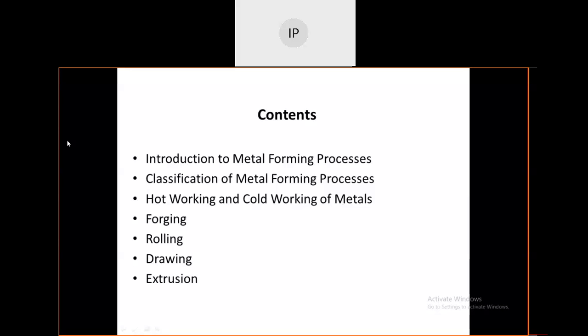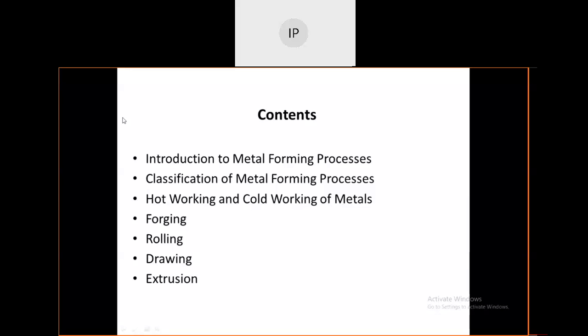With the help of the principle of plastic deformation, the material changes its size and shape without material being removed from the workpiece. So the standard definition of metal forming is a process in which the desired shape and size of the component is obtained through plastic deformation of the metal.